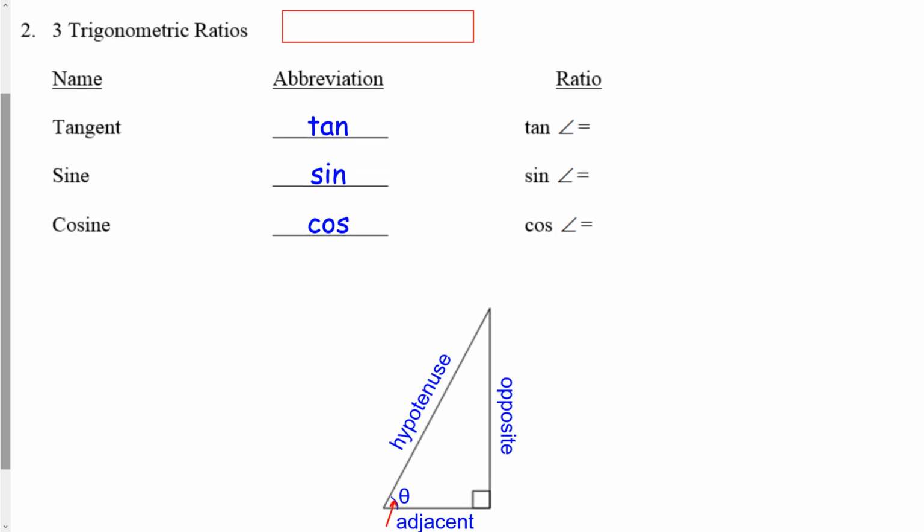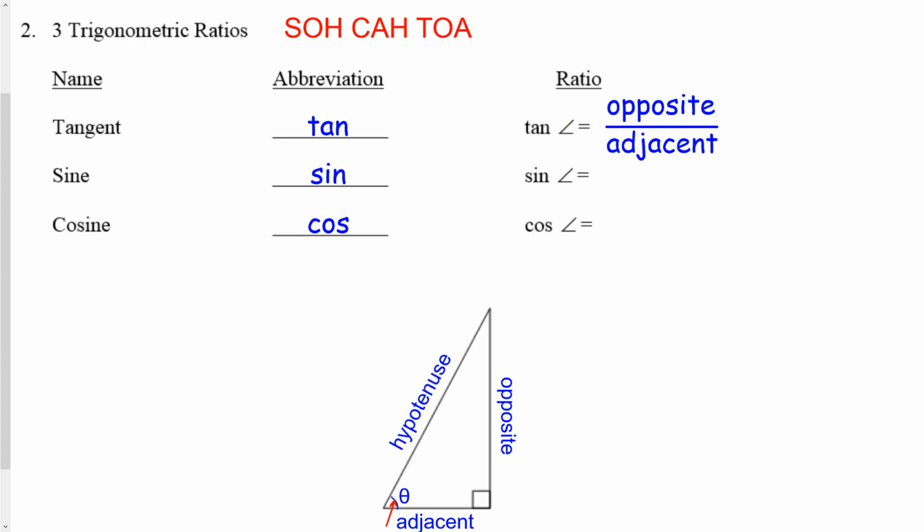To help us set up these trig ratios, there's this saying of SOHCAHTOA. The SO stands for sine, CA stands for cosine, and TOA helps with tangent. If I'm working with tangent, the TOA tells me that tangent is always equal to the opposite side over the adjacent side.